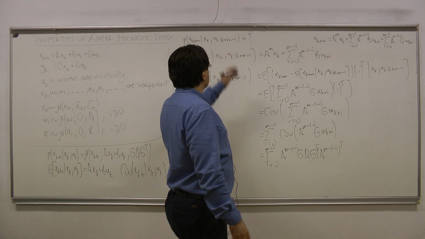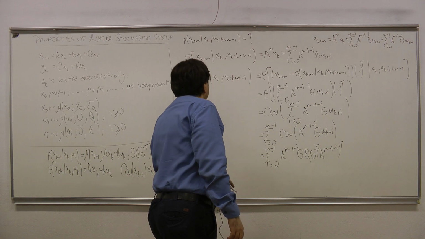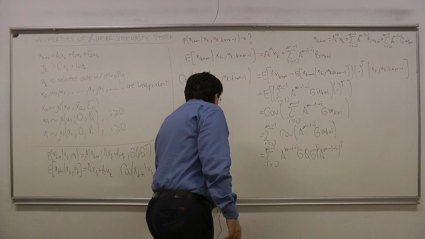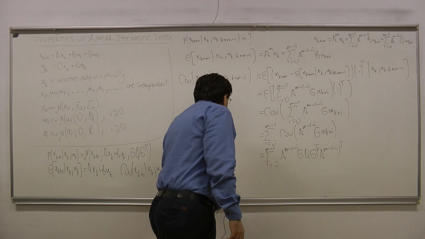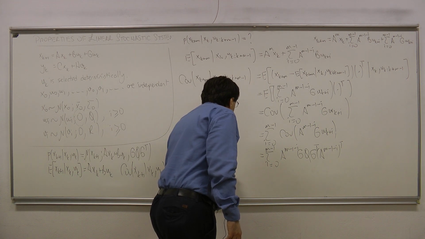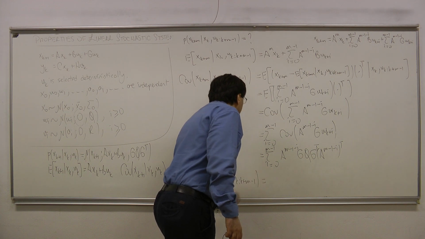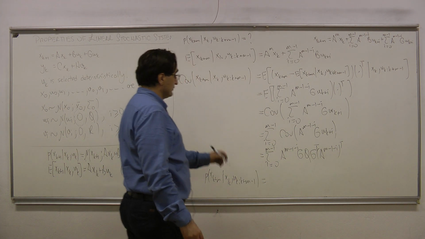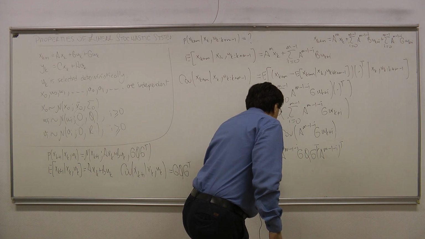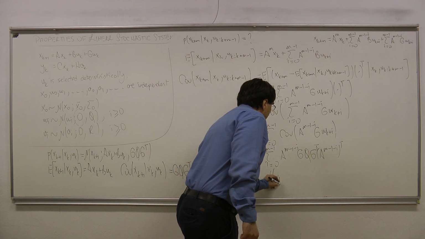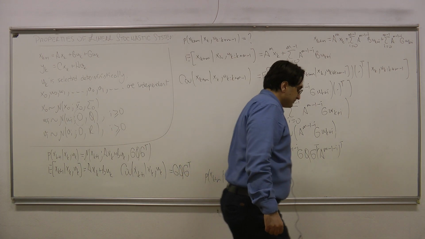So this transition distribution, p of x_{k+m} given x_k and all of these inputs from k to k+m-1, the result is going to be a normal distribution over the random vector x_{k+m}.